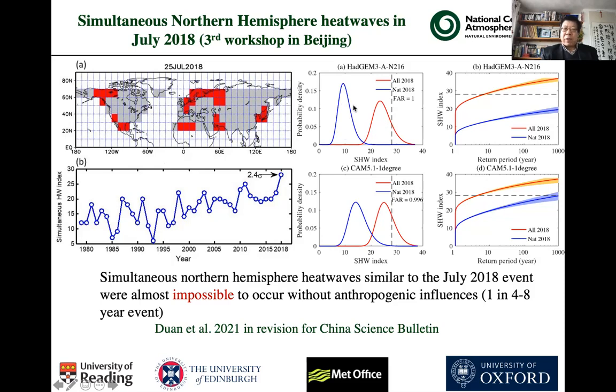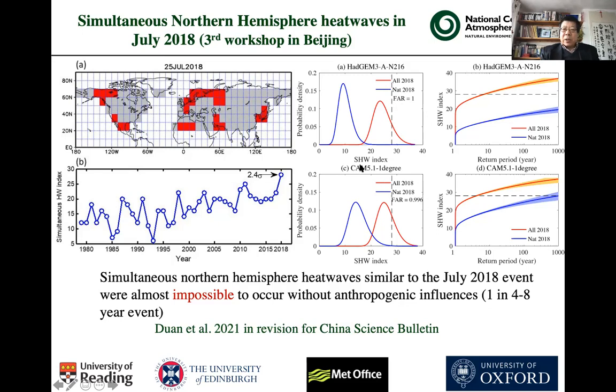You can see that for the 2018 event, in the natural world, no such event happened. But with the inclusion of human influence, the probability is increased, and it becomes a 1 in 4 year event.